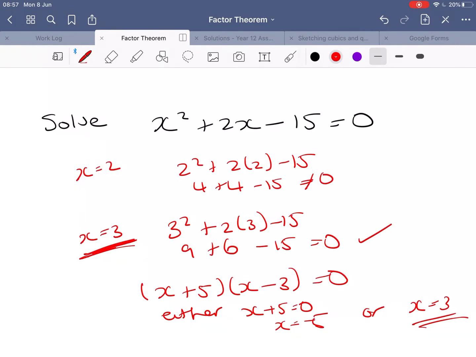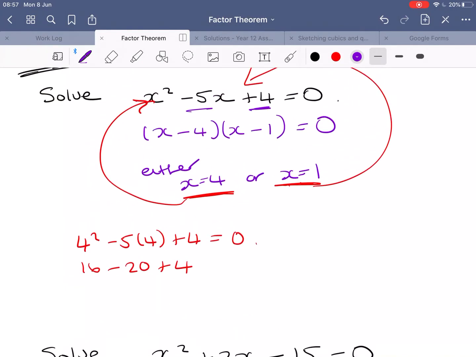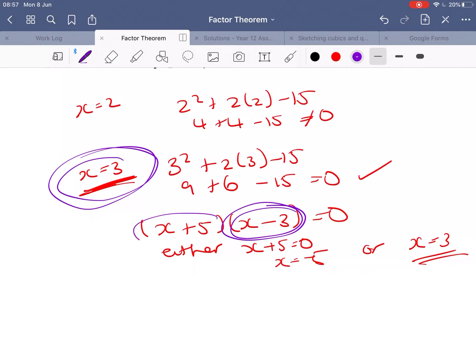But then we have this link. If x equals 3 is a solution, x minus 3 is a factor. Up here, if x minus 4 is a factor, x equals 4 is a solution. If x plus 5 is a factor, x equals minus 5 is a solution.